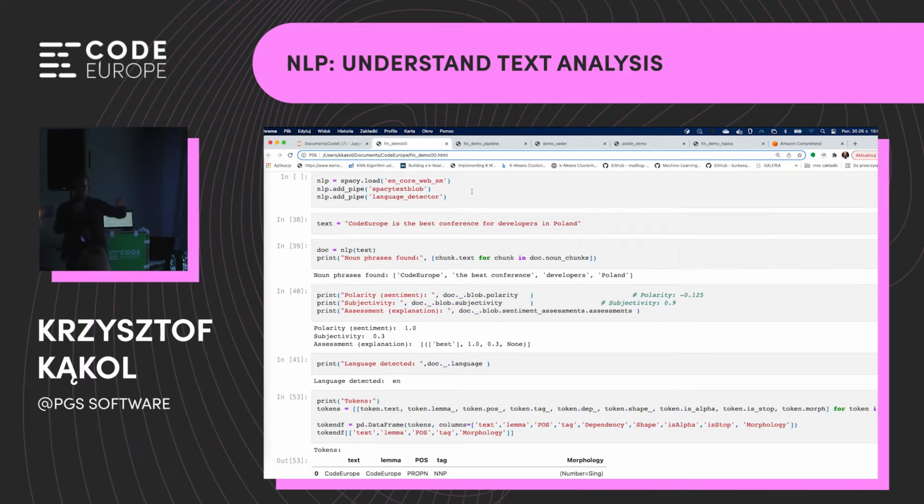This means that spaCy took this sentence and pushed it through the pipeline. And at the end of the pipeline, I have all the information that I want. Because I've added spaCyTextBlob before, which is responsible for sentiment analysis, in block 40 I have the sentiment available for me.